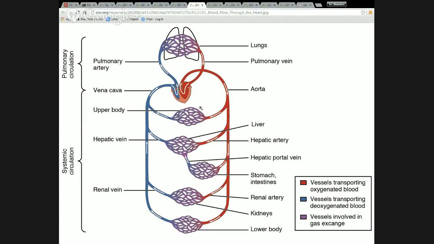This just says upper body, but that's going to include the capillaries going through the brain. So we're definitely going to have continuous capillaries there. So where exactly we look in the body, we'll have different types of capillaries. Whereas if we look at the arterial flow, we're going to have elastic arteries, muscular arteries, and arterioles going into the capillaries.